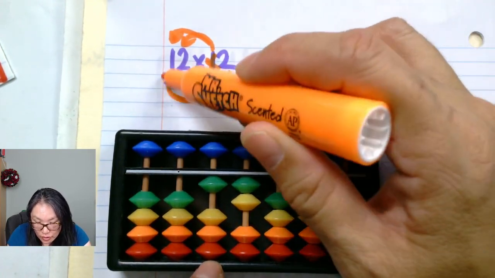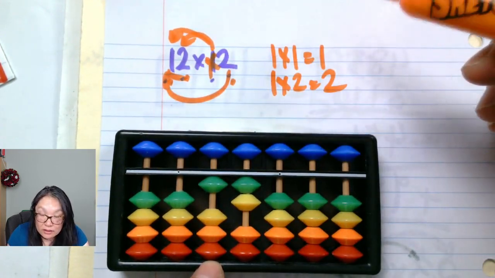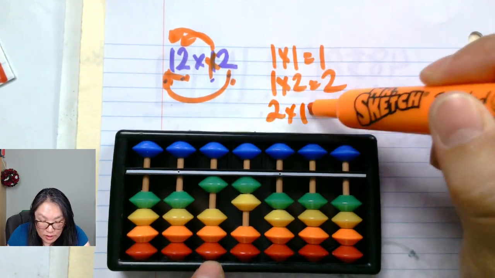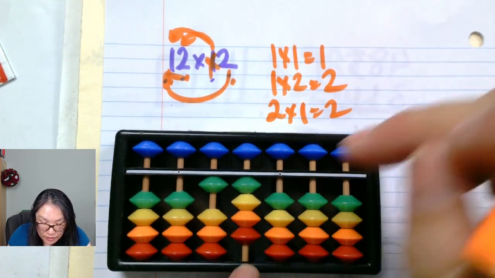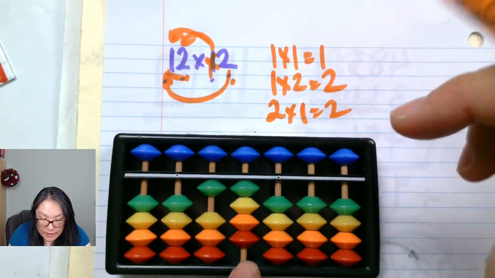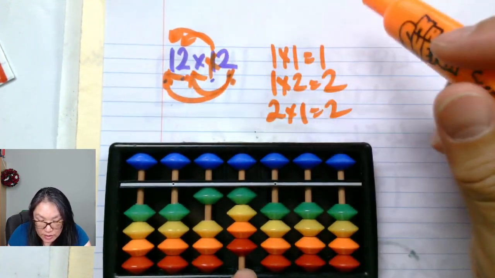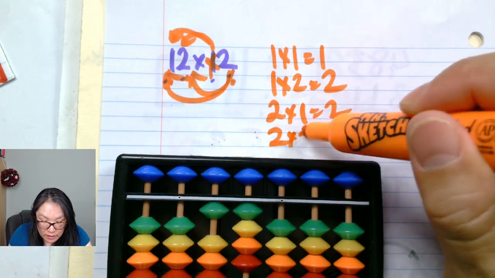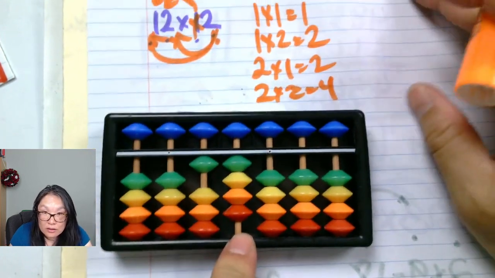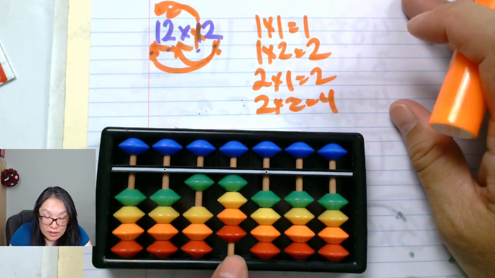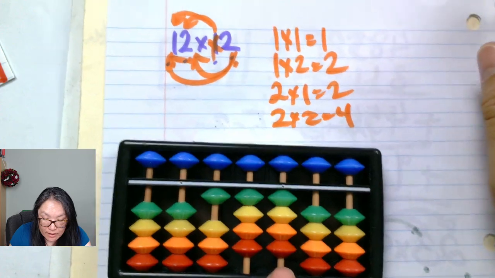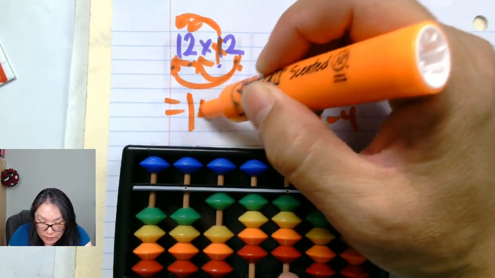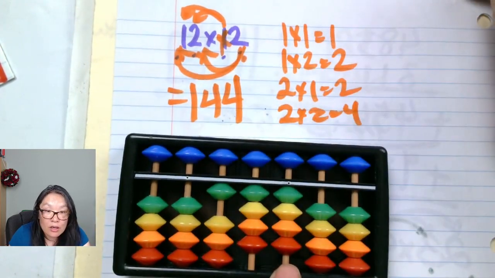We know 2 times 1 is equal to 2. 2 is a single digit. I go back one column, I add the 2. And then 2 times 2 is 4. 4 is a single digit. I go back one column, I add the 4. So my final answer is 1, 4, 4.